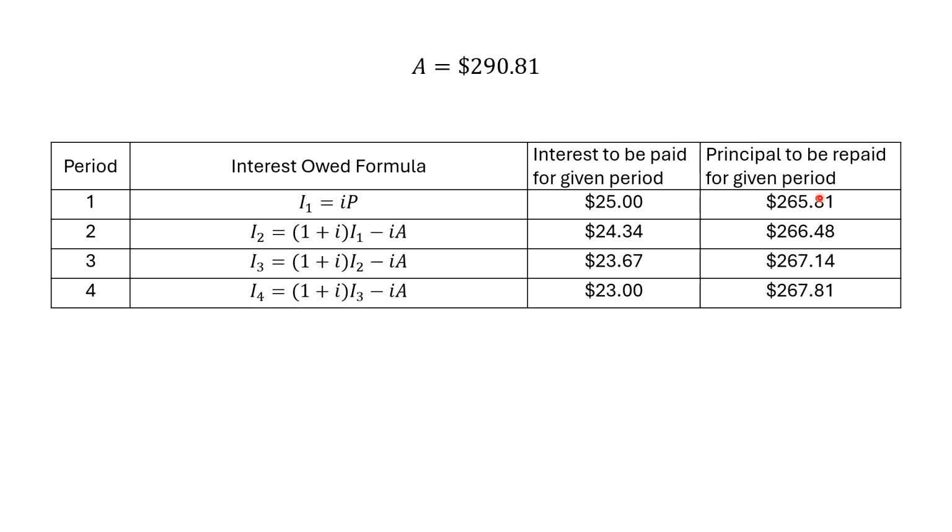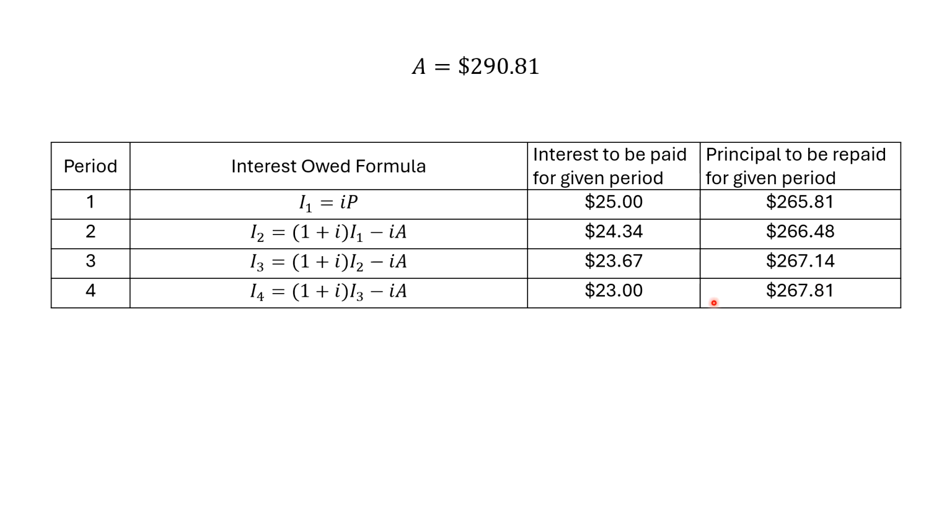And you can see you're paying back a lot more principal than the amount of interest. And then you have a little bit less balance at the end of the first period, so the interest to be paid is a little bit less, and the principal paid back is a little bit more, and that pattern continues with the interest getting less and the principal payment getting a bit more.